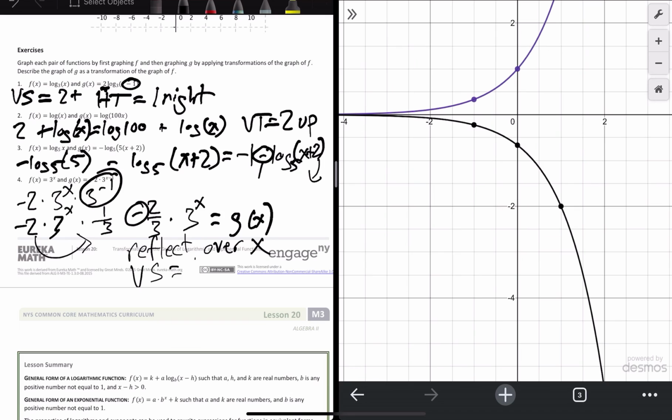So it's a vertical scaling of 2/3. I think that's it. Okay. And that's what we have there. You can see that (0, 1), as it reflects over the x-axis here, is actually going to be a -2/3. It's a 2/3 scaling. Okay. That's it.